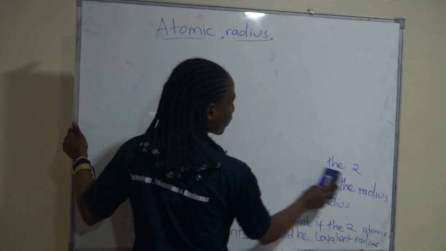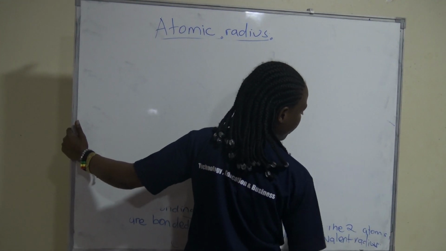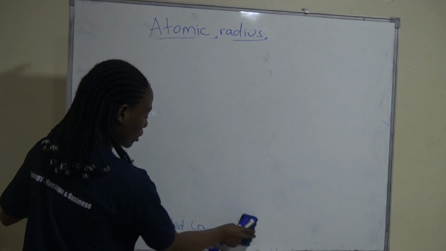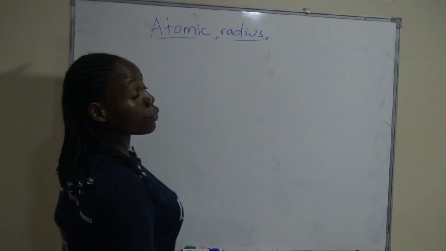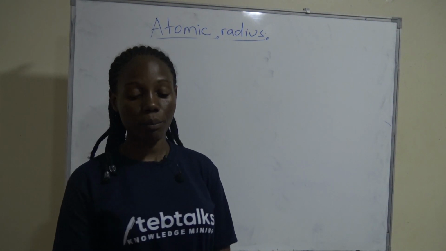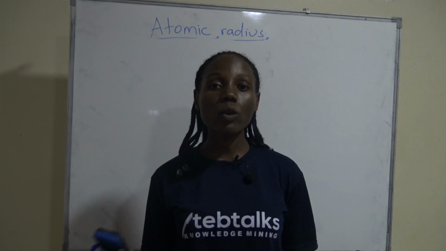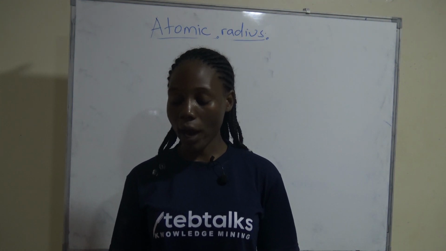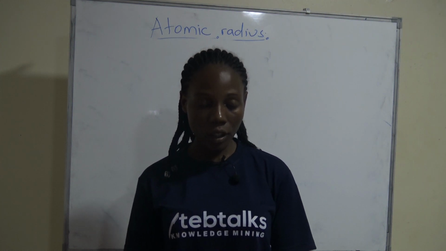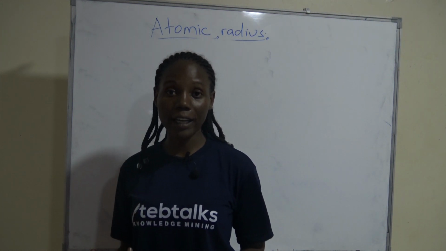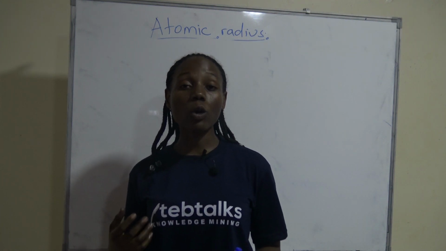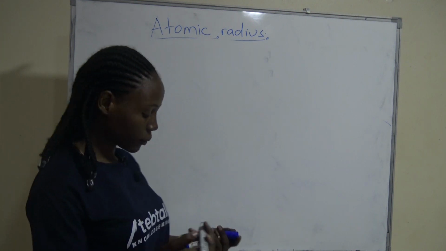So what do you think would make the distance between the nuclei of two atoms become small, become big, become medium? What would bring about that? We have one what we call the nuclear charge. And the nuclear charge is defined as the attraction of positively charged nucleus for the outermost electrons.